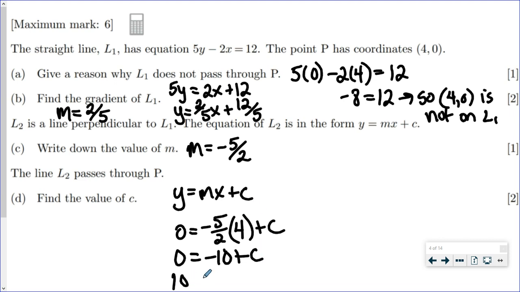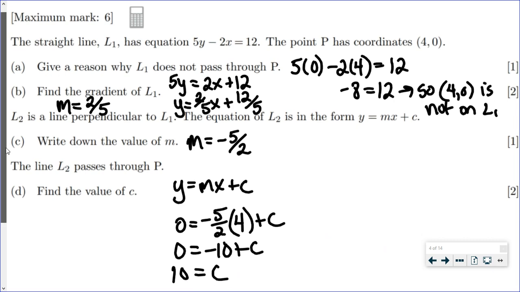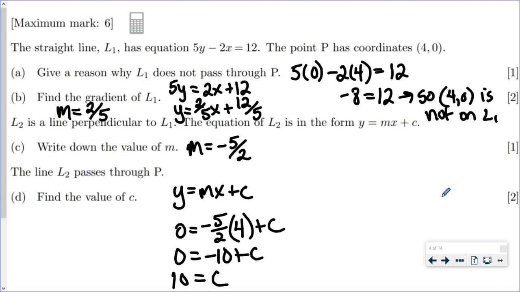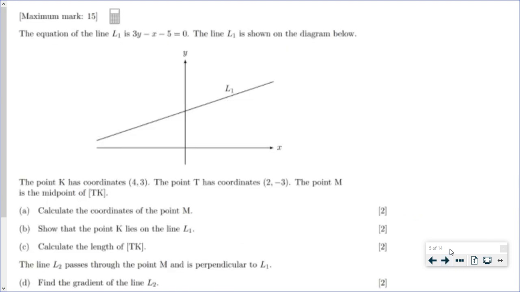We just add 10 to both sides. c is equal to 10. And they didn't ask us to write the equation of the line or anything, so we're done there. Again, more just kind of direct application of remedial algebra 1.